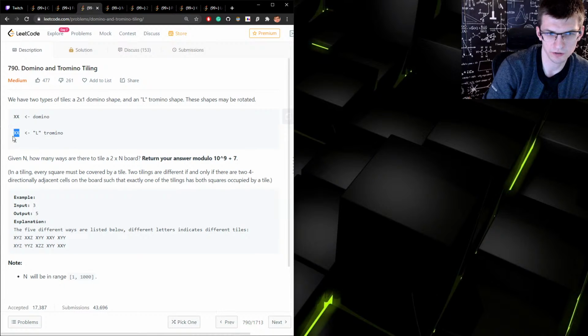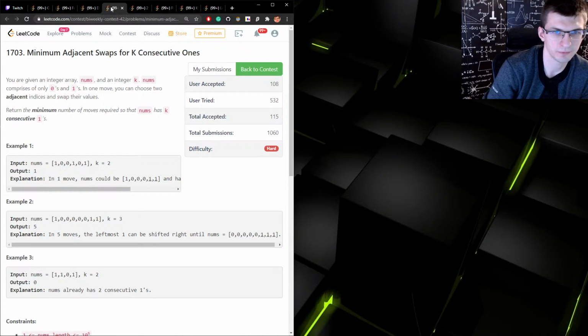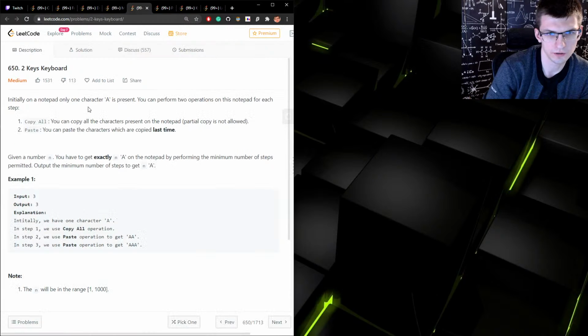2x1 domino or L-shaped tromino. How many ways are there to tile a 2 x n board? We can. Minimum adjacent swaps for k consecutive ones. We can. 2 keys keyboard.